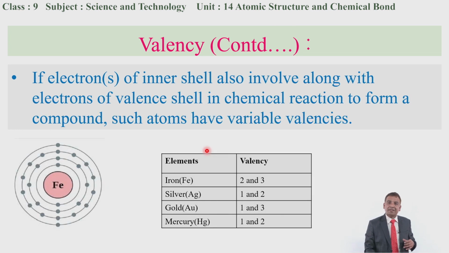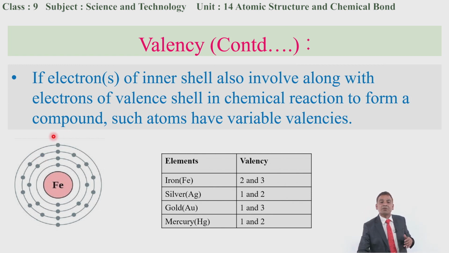But in some cases, like iron, you can see here the structure of iron. It has 2 electrons in the valence shell. If these 2 electrons are lost by the atom, then it shows valency 2. But sometimes the electron of the inner shell, the second last orbit, is also lost.